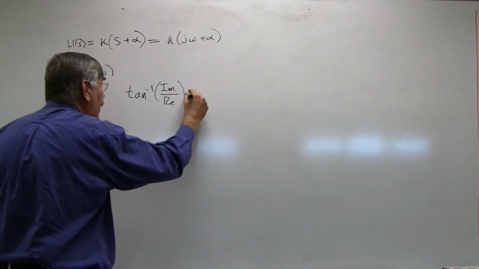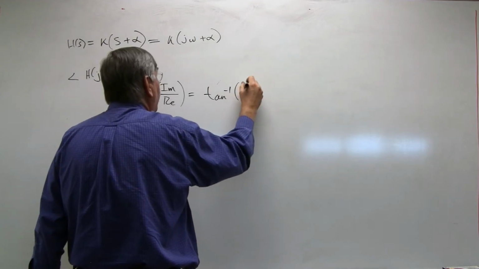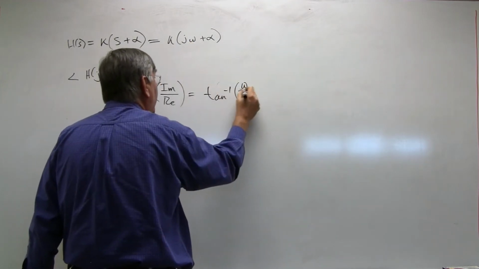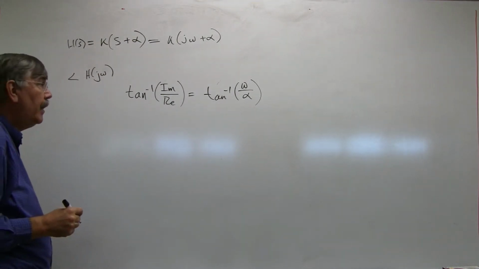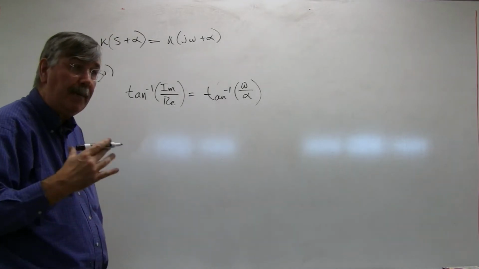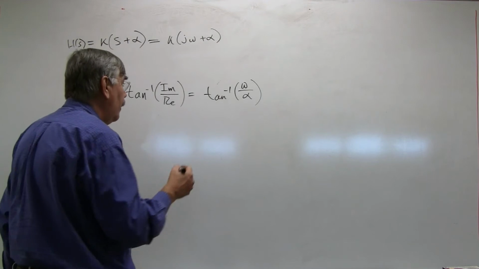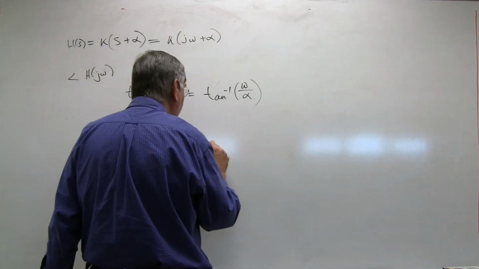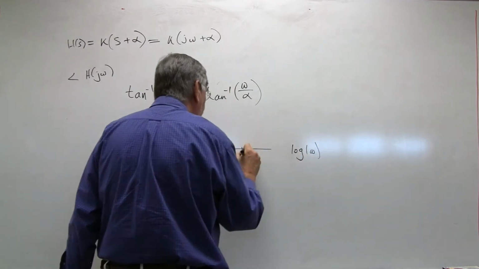The phase is then the inverse tangent of, the imaginary part is omega, and the real part is alpha. Now, that looks a little intimidating, but we can make some nice approximations of this thing. You can get your calculator out and do it accurately. This thing has a zero on our log scale. It has a zero at alpha.